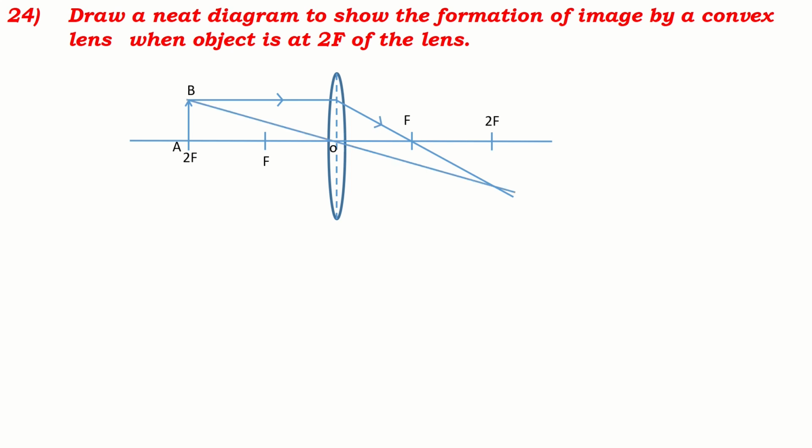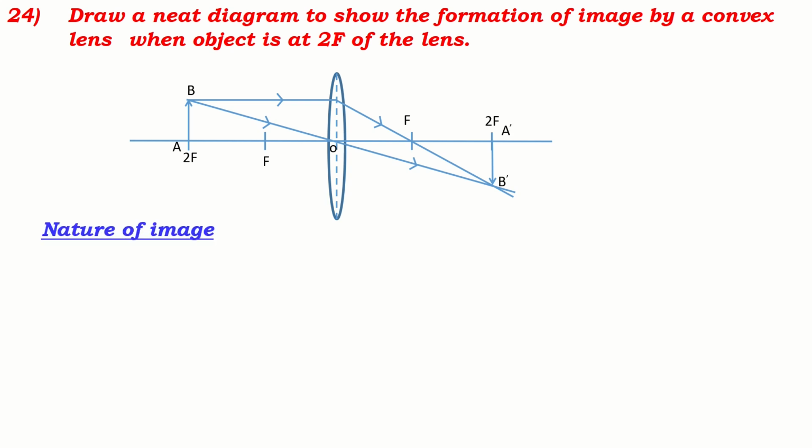Another ray can be drawn from the head passing through the optical center, and these two rays after refraction intersect at this point. It means the image forms at this place. Since the ray of light coming from the head intersects at this point, the image becomes inverted like this, and the image can be named A dash B dash.